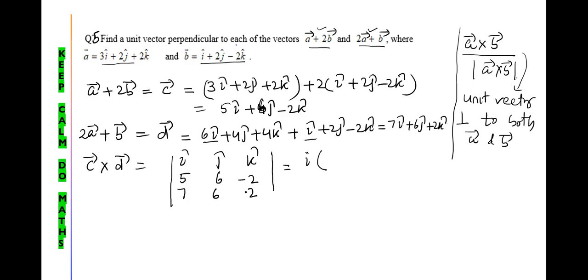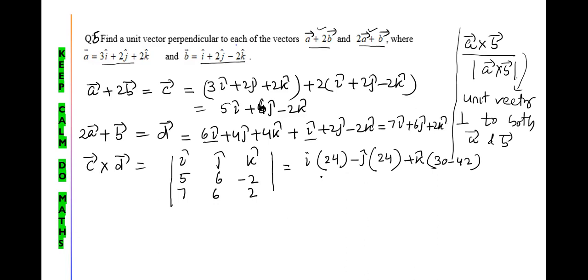Okay, so now let's calculate. Here it is 12 plus 12, 24i, minus j. You can take 10 plus 14, 24j, and plus k cap, 30 minus 42.